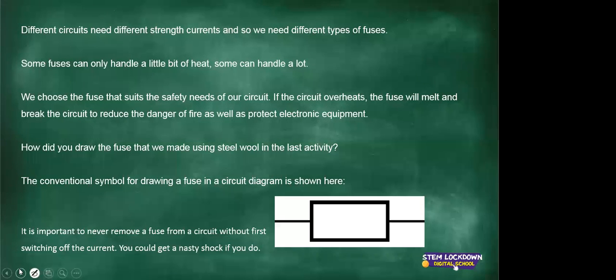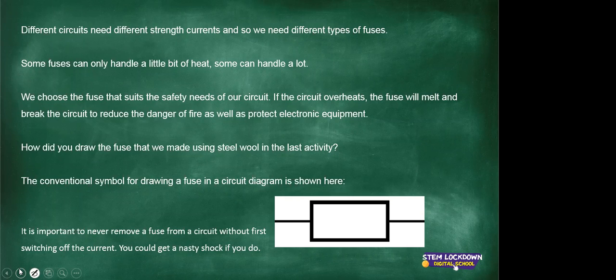Like for example, if you have a hair dryer and you put it into the wall socket to dry your hair, then you don't just pull the plug out. You must always switch it off and then you pull your plug off. It not only protects you, but it also protects your hair dryer from getting damaged. Because remember, if your switch is on, current is still flowing through.